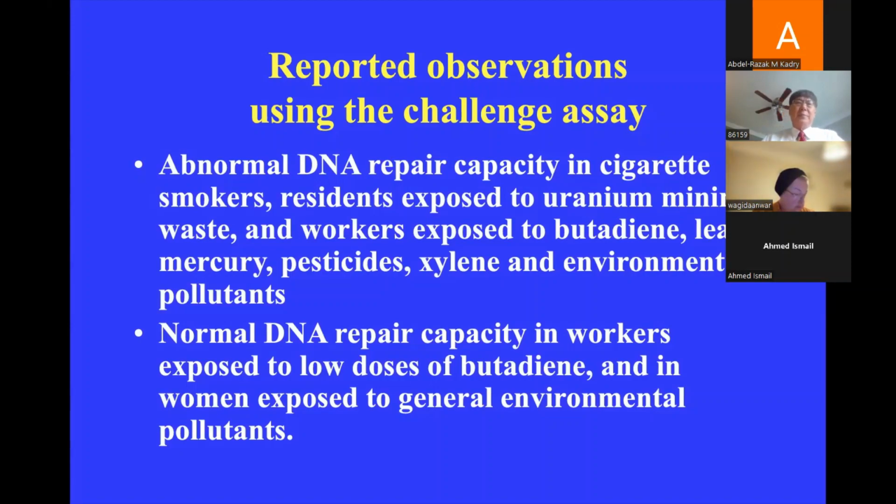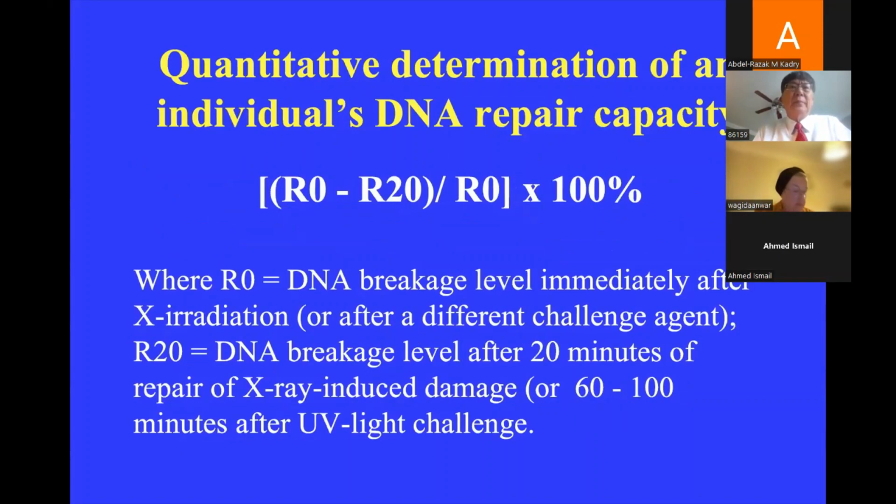So next slide. Based on this study, the collaborator and I developed an equation that can quantitate DNA repair capacity. This is based on a COMET assay. R0 represents the DNA breakage level immediately after irradiation or after different challenge agents.